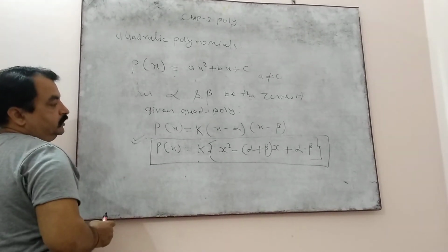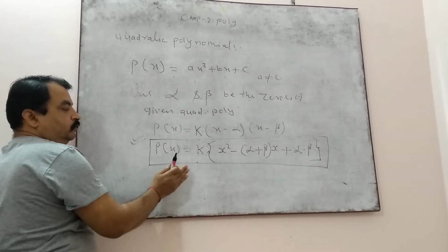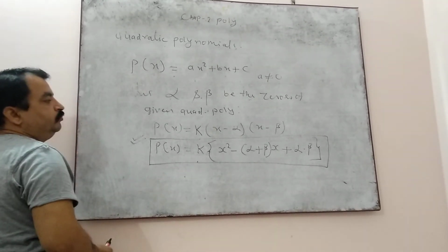Now we study the relationship between the zeros and the coefficients of the polynomial.